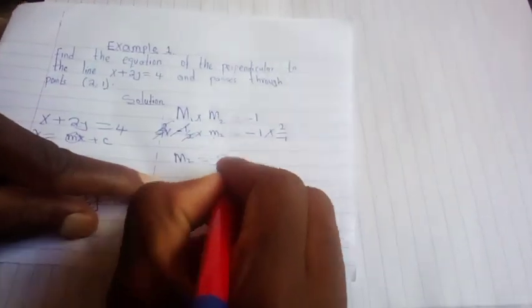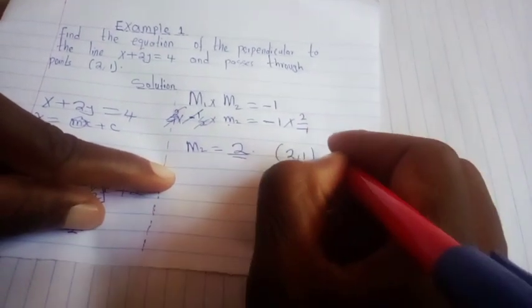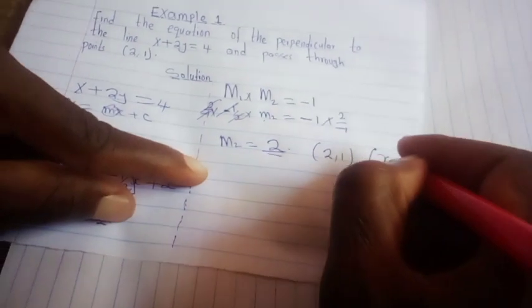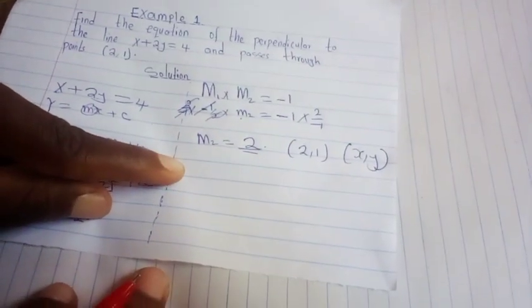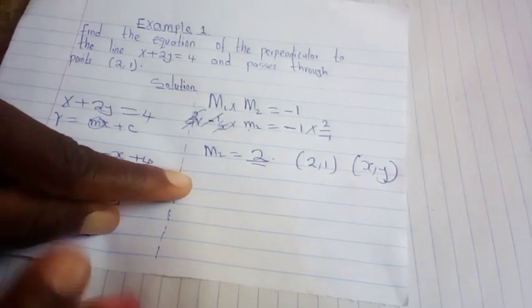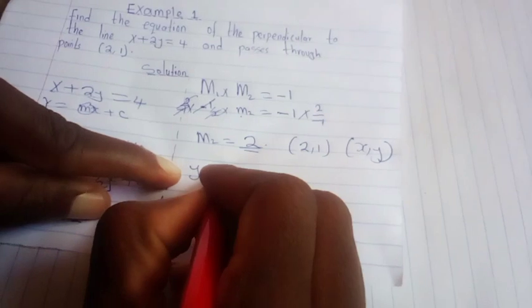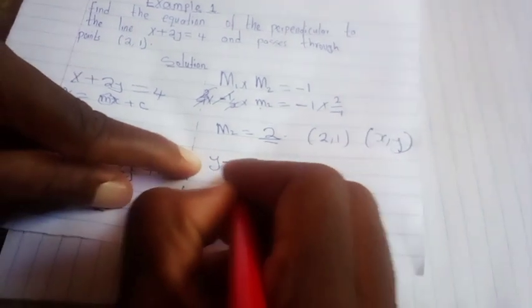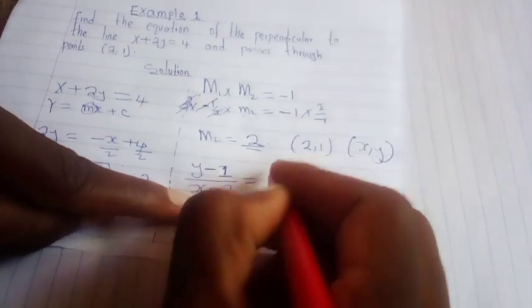We use this gradient and the point we are given, (2, 1), and we choose an ordinary point (x, y). With this, you are able to form an equation. You take y minus the y coordinate, which is 1, over x minus the x coordinate, which is 2, is equal to the gradient, which is 2.